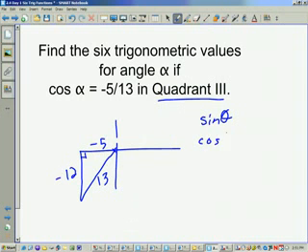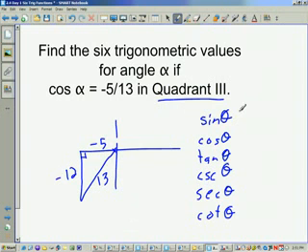So we have sine, cosine, tangent, cosecant, secant, and cotangent. So the sine is negative 12 over 13, opposite over hypotenuse. Cosine is negative 5/13. Tangent is 12 over 5.